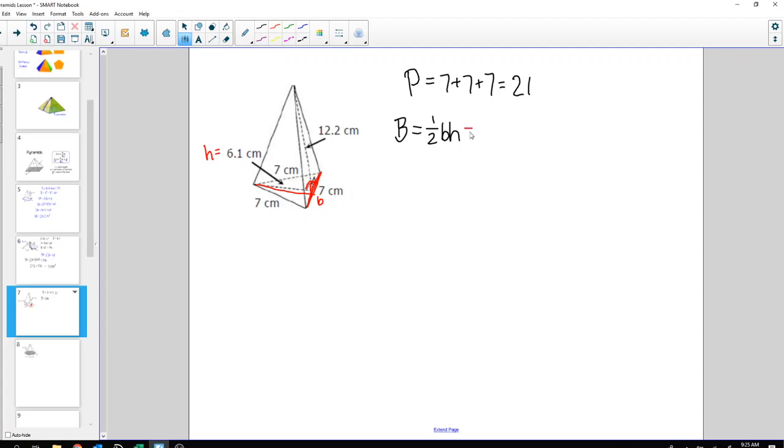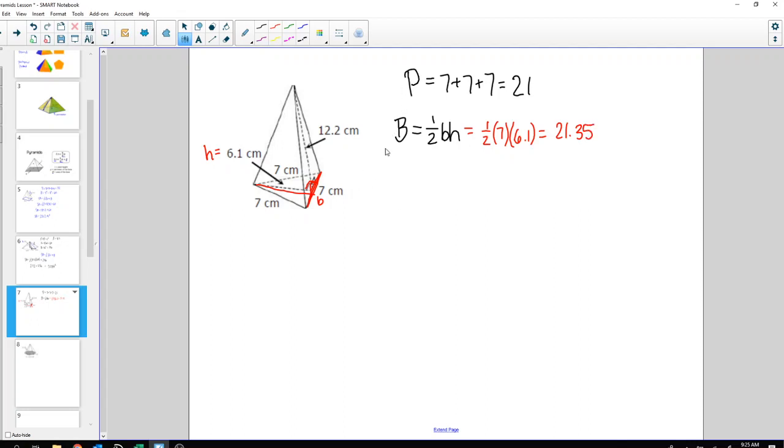So I can go in and I have 1/2 times 7, which will be the base of the triangle, not of the pyramid. And then the height of that triangle is 6.1. So the area of the base, or the area of that triangle on the bottom, is 21.35.